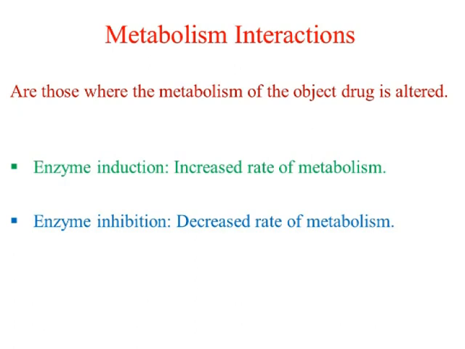Once they get induced, they will metabolize the drugs which come in their pathway faster, and the drug levels will go down easily. And then you have enzyme inhibition, where drugs inhibit these enzymes, which can decrease the metabolism of a few drugs, especially those which have the same pathway through those enzymes.